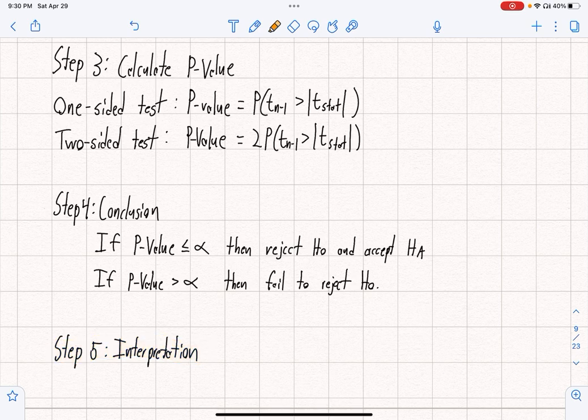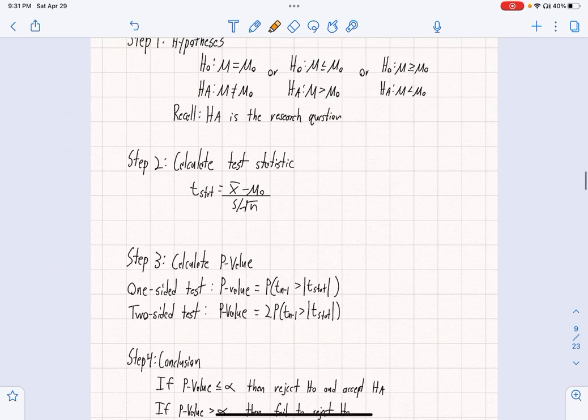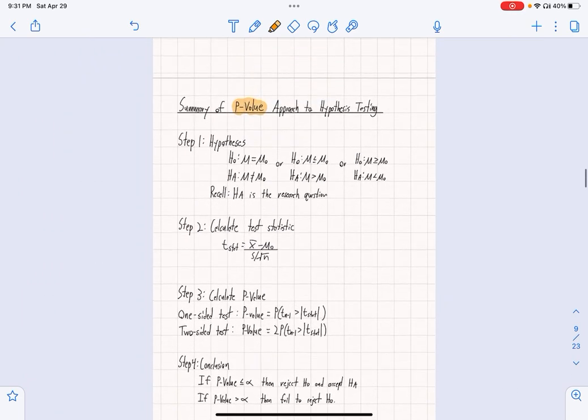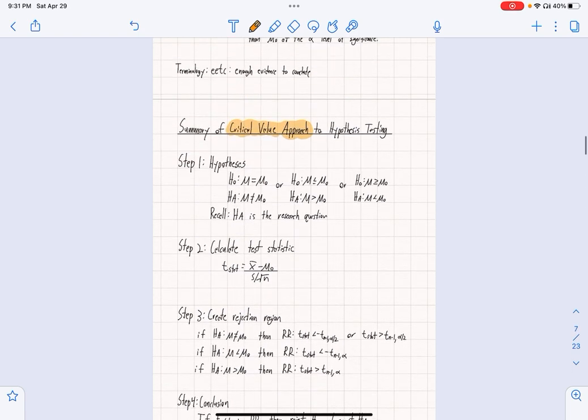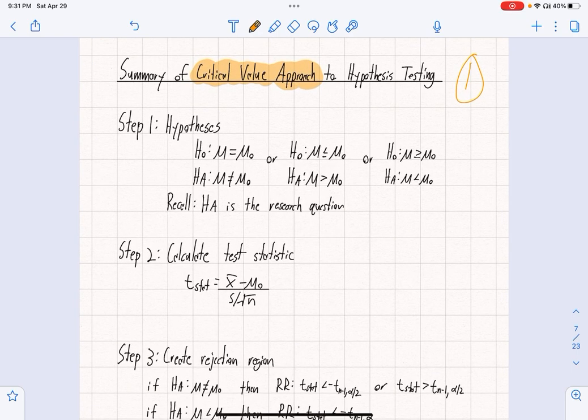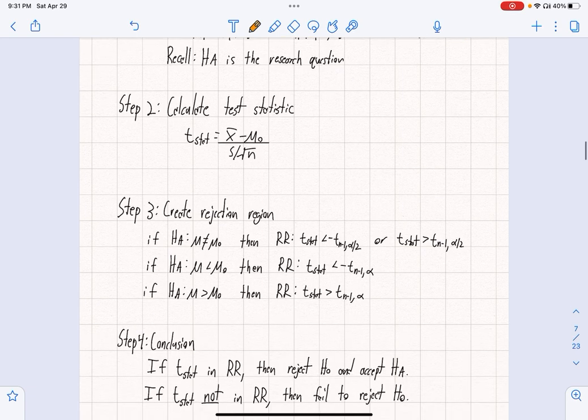Okay, so these are our two approaches. I know we've covered a lot of material, and it probably seems really weird and confusing at this point. But what I recommend is keeping 2 pages handy. So here, let me go up. We had 2 summary pages. This one, let me put a 1 here: the summary of the critical value approach. I think this page will be helpful for keeping us organized as we work through problems.